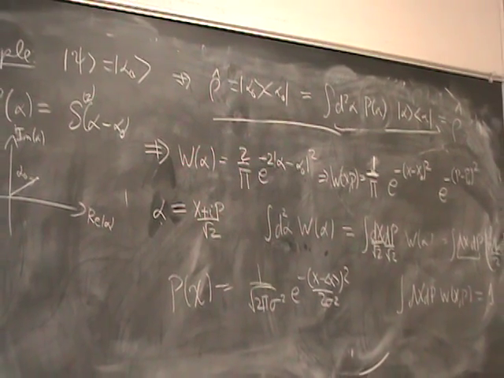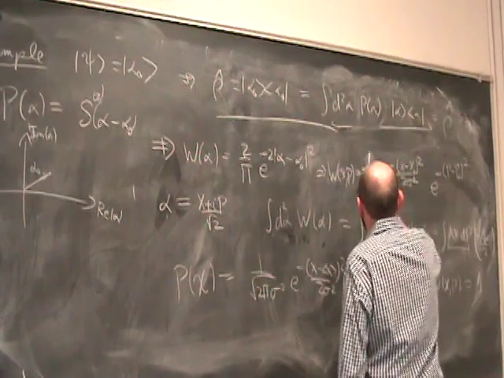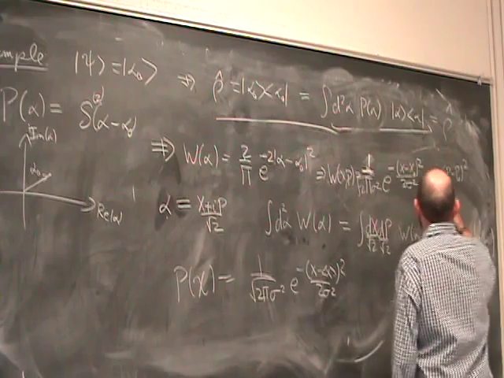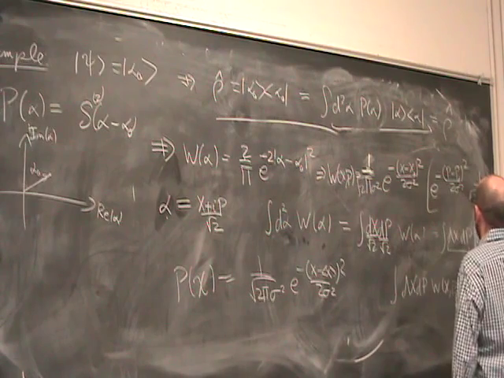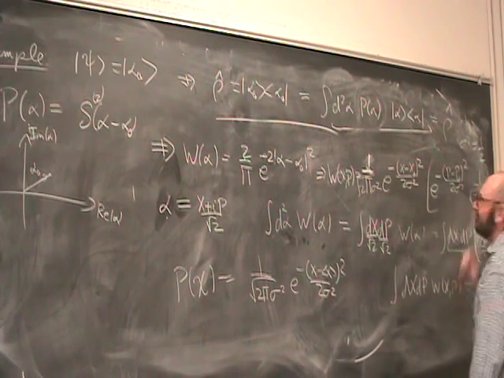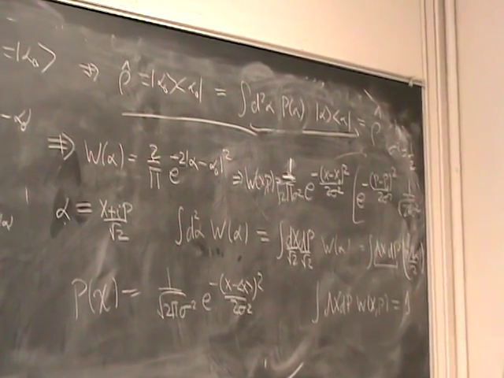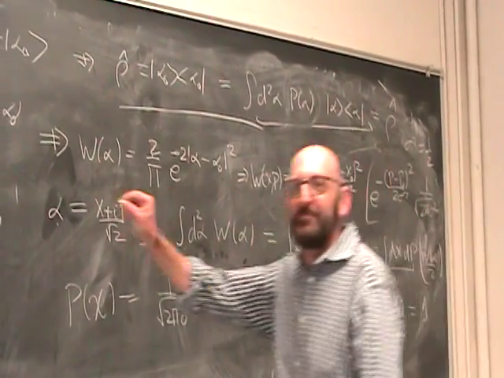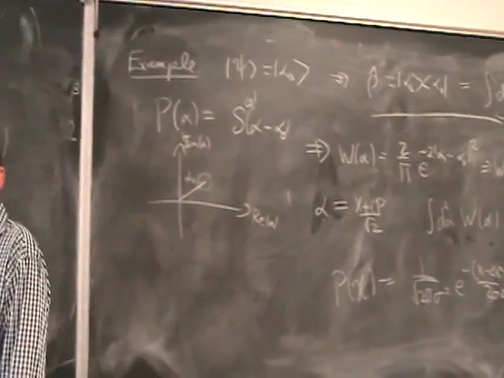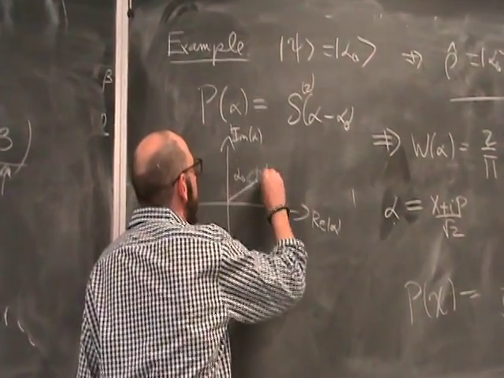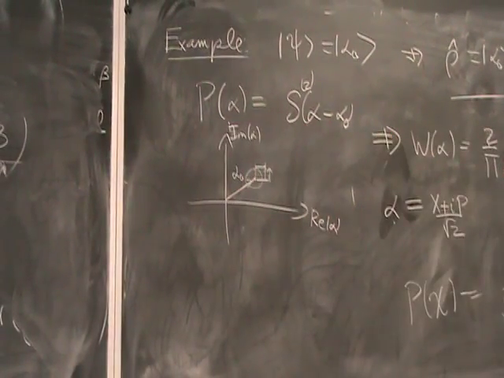So if sigma squared is a half, it works. So indeed it's true. It's a Gaussian. In fact, it's a circularly symmetric Gaussian with RMS width in x and p which is 1 over root 2.